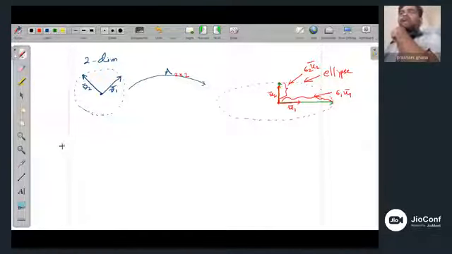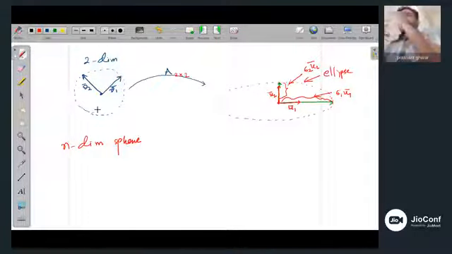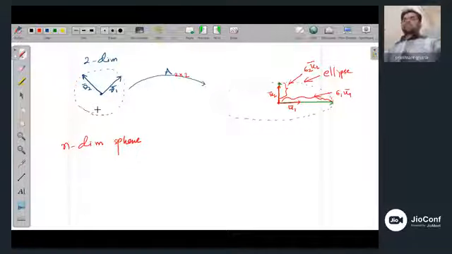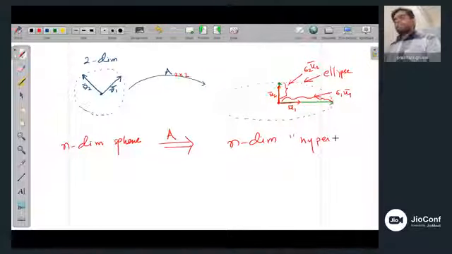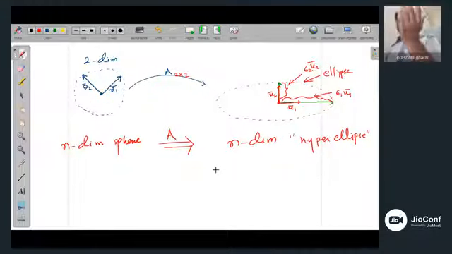That means if I have an n dimensional sphere, suppose in 3 dimensions we have a sphere, in 4 dimensions it is known as a hypersphere, and if you go to further dimensions and increase your n, then you have a hypersphere, and that hypersphere will be changed, if you apply A onto this, to an n dimensional hyperellipse. So it is an n dimensional ellipse that will result.